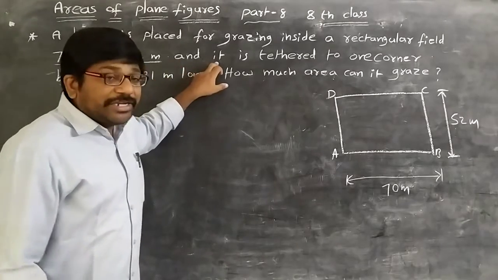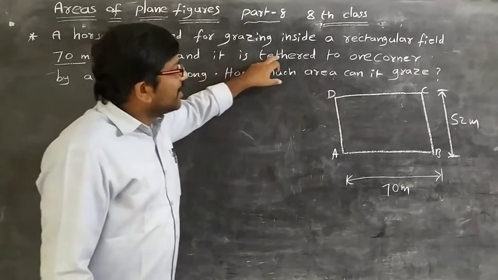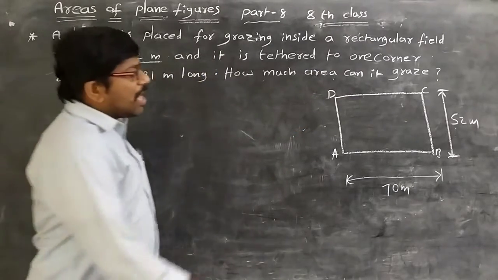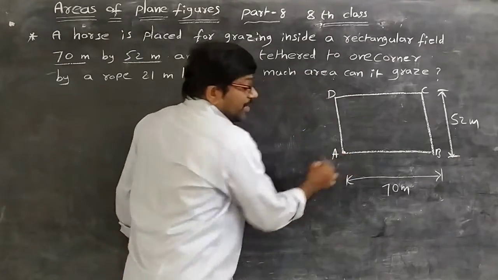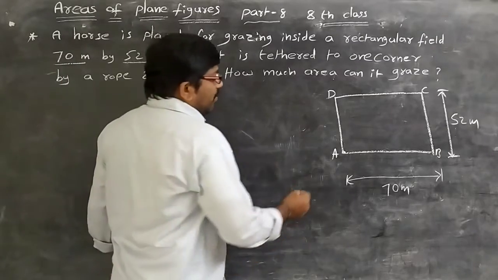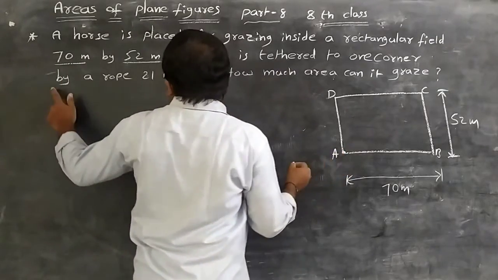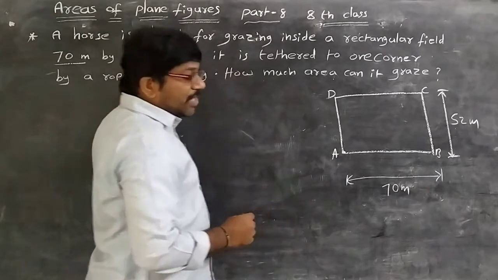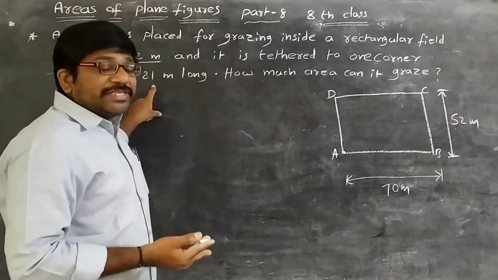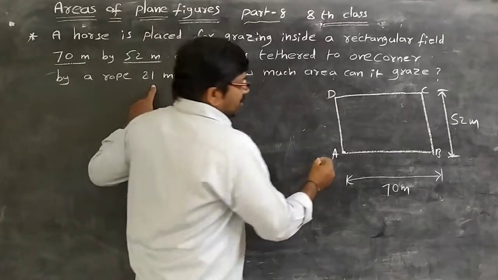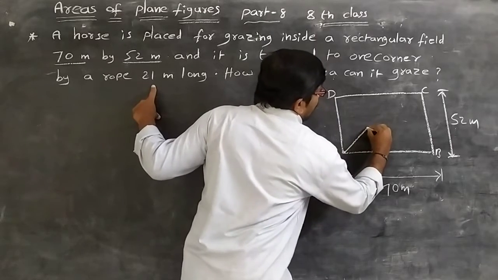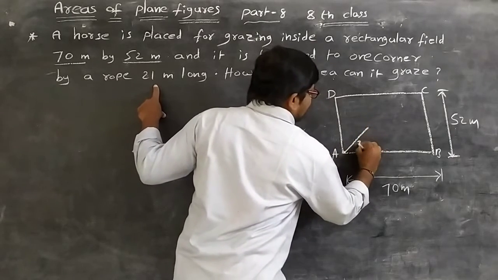It means the horse is tethered to one corner. Tethered means tied with a rope at one corner. Here, at one corner, the length of the rope is 21 meters. So it is tethered, and from here to here the thread is 21 meters.